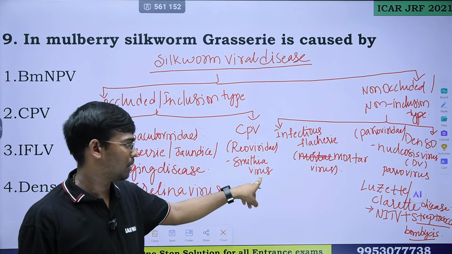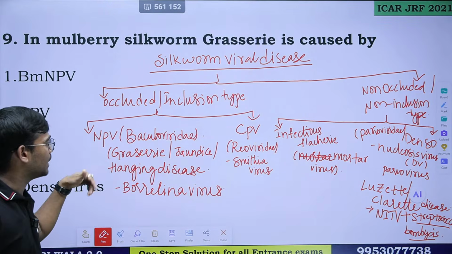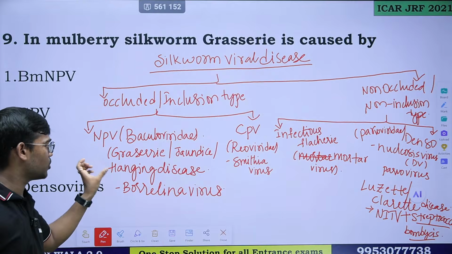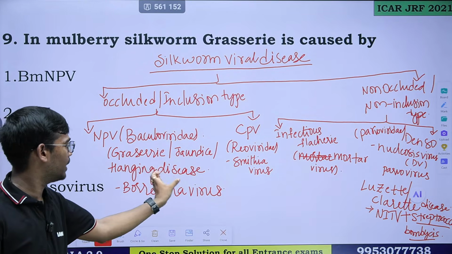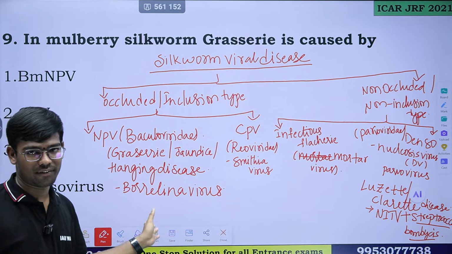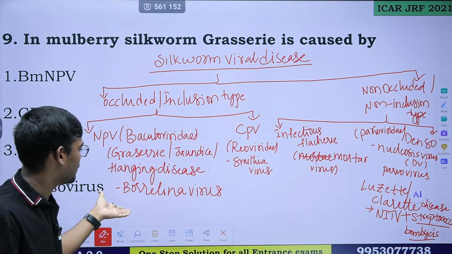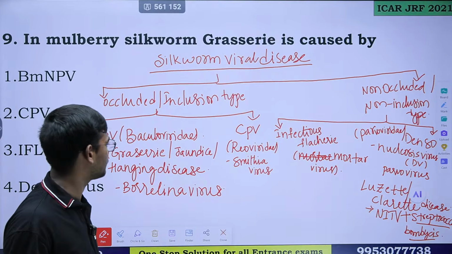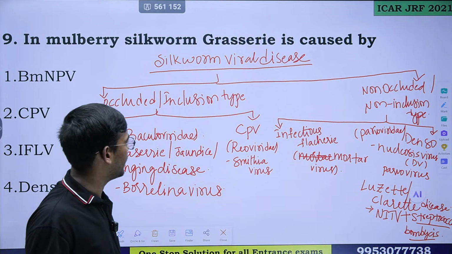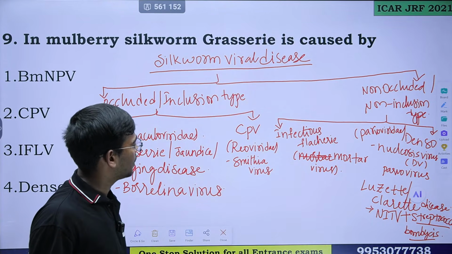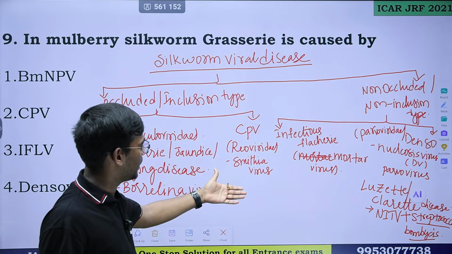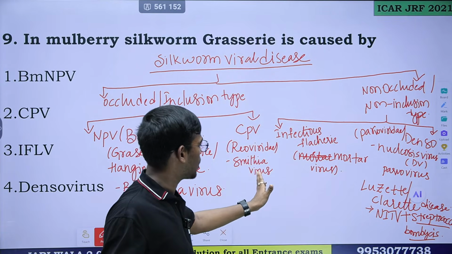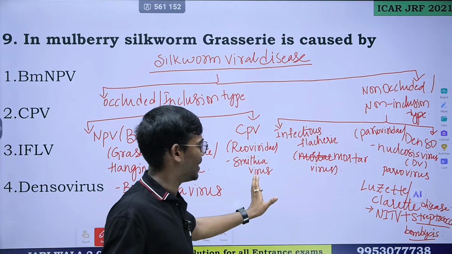These families are a bit important. The disease caused by NPV is usually called Graseri, jaundice, or hanging disease, that is nothing but Weifel crank heat, and it is caused by the Borreliana virus specifically. And the CPV, which belongs to the family Rheoviridae, has the causal virus Smithia virus.